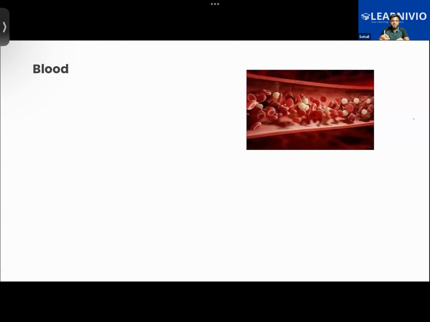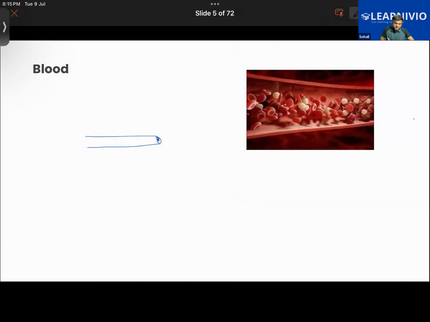But generally, if the cut is small, after some time we see that the blood flow stops from that place. Why does that happen? Because a clot has developed. Like for example, in a pipe, if the opening is clogged with something, the flow of water will stop.